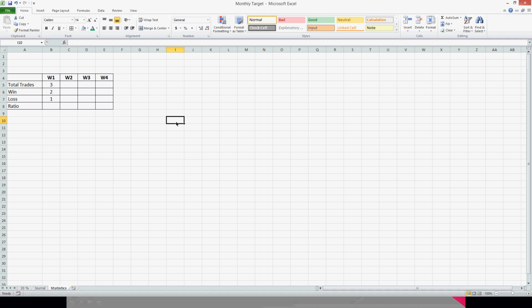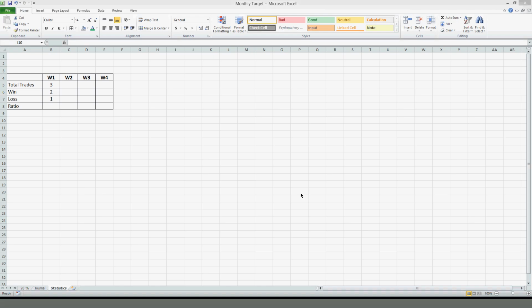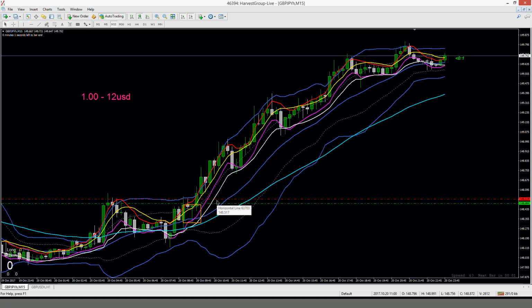This is the major difference between us and a successful trader. I really need to emphasize this to make sure that you understand the importance of this.